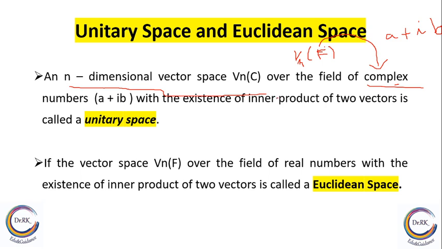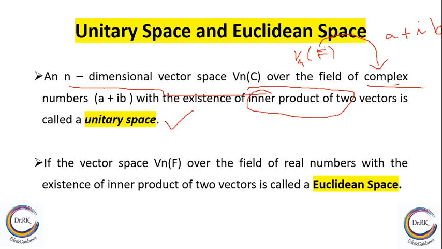Where F is the set of complex numbers and an inner product is defined (you will see what is meant by inner product), it is called a unitary space.